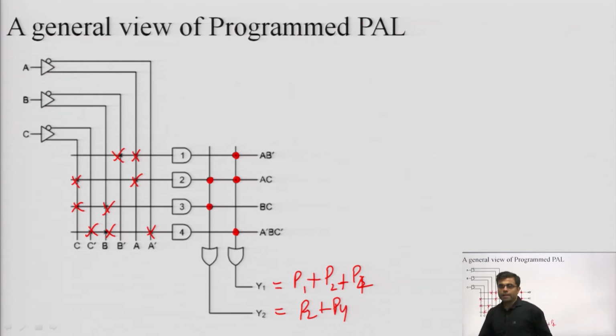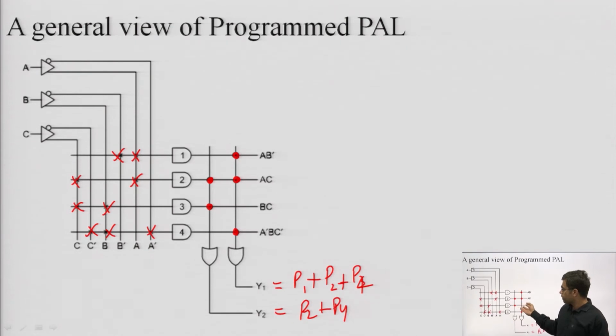That means any system which has 3 inputs and 2 outputs, where the outputs comprise 3 products or 2 products, anything of this kind of nature can be implemented using PAL. But if your requirements are such that you need 2 sums and each sum must have 3 products, then this structure cannot work, because this OR array is fixed here.